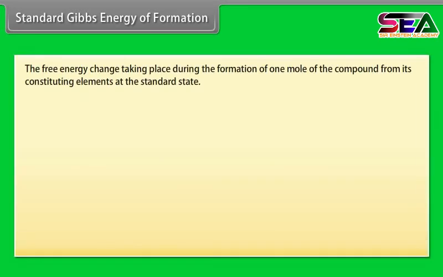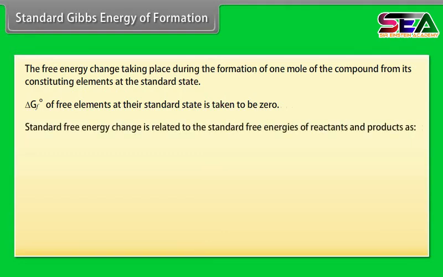Standard Gibbs energy of formation. The free energy change taking place during the formation of 1 mole of the compound from its constituent elements at the standard state. Delta G f naught of free elements at their standard state is taken to be 0. Standard free energy change is related to the standard free energies of reactants and products as delta G naught equals summation of delta G f naught of products minus summation of delta G f naught of reactants.